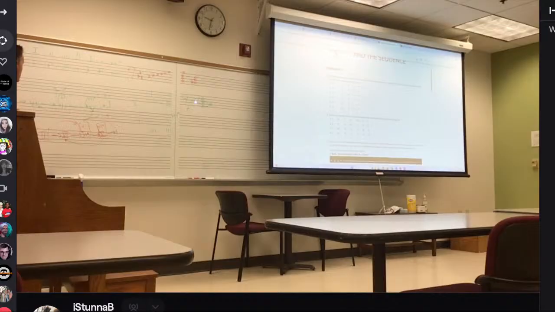So what chords lead to 2? 6. 6 can get you to 2, and they're saying there's another one that can get you to 2. 4. 4 can bring it down to 2 as well.